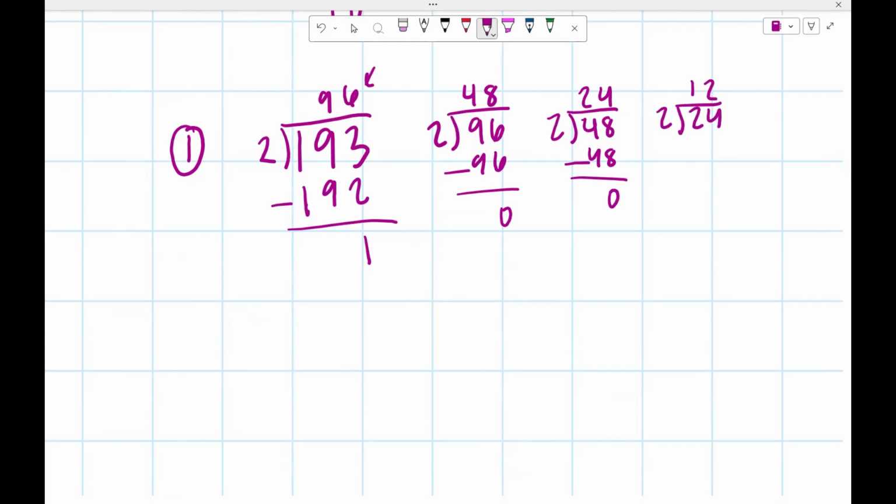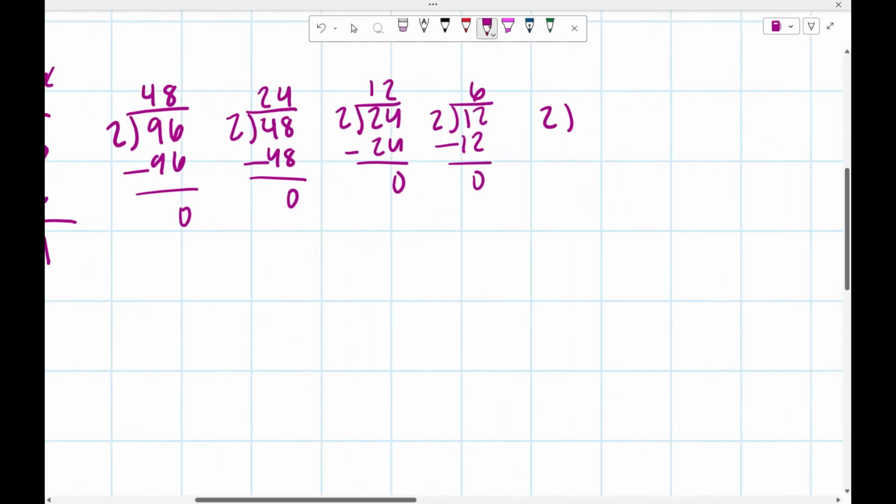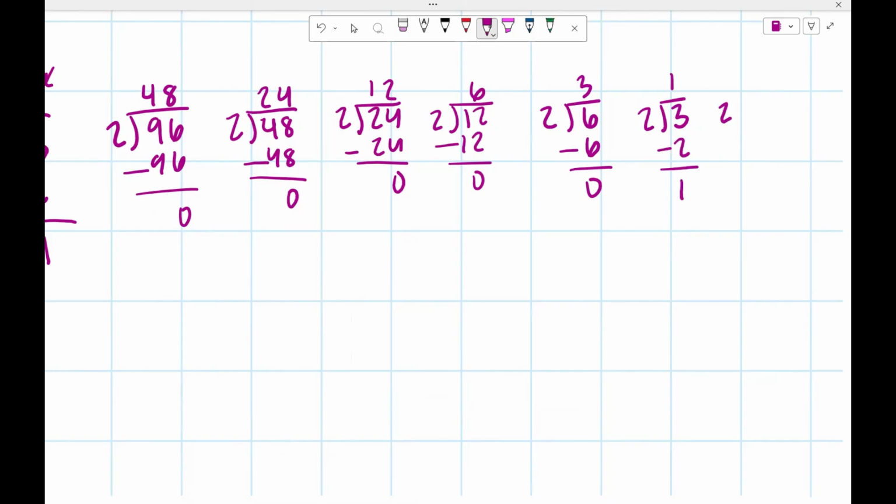This would be 12. This would be 6. This would be 3. This would be 1. And then finally, that's going to be 0.